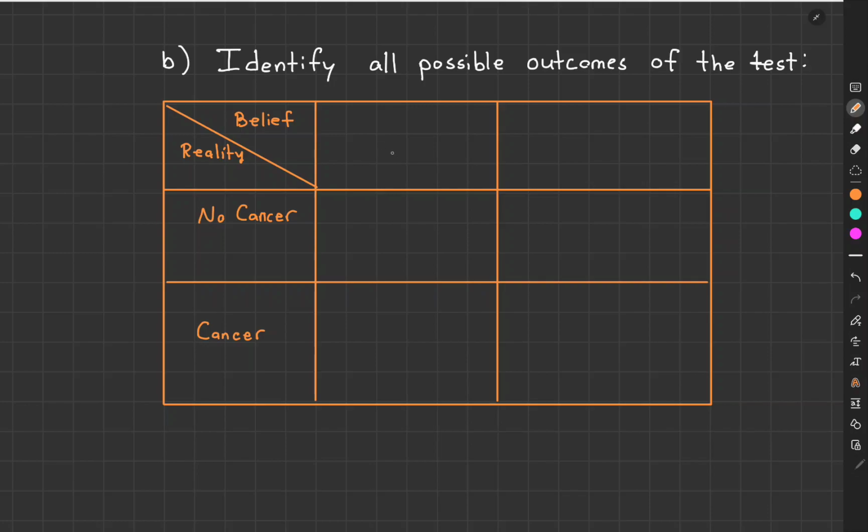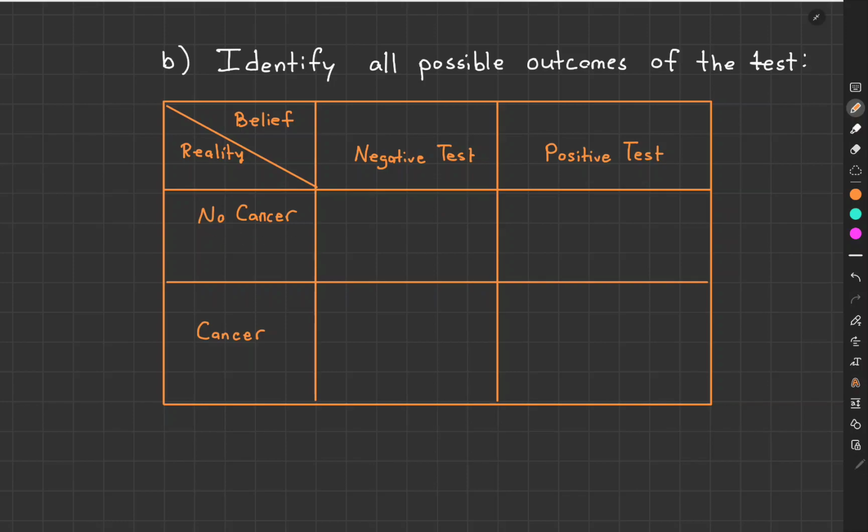Now the test may come out negative and indicate the absence of cancer, or it may come out positive and indicate the presence of cancer. Okay, so as you can already see, this is going to give us a bunch of different combinations for what might happen.